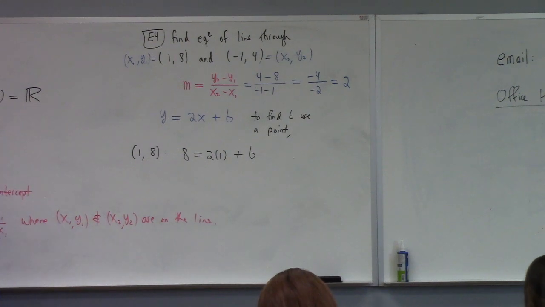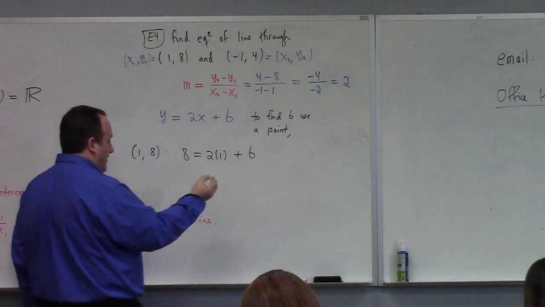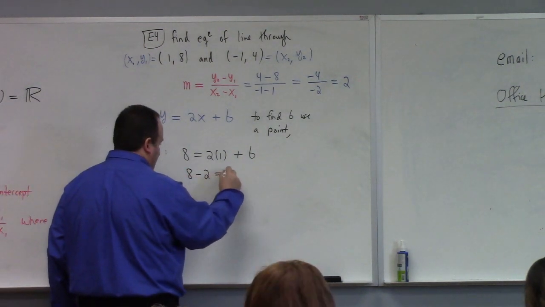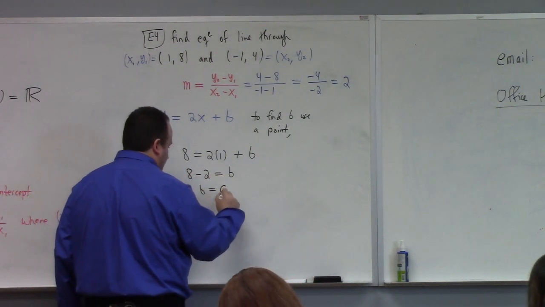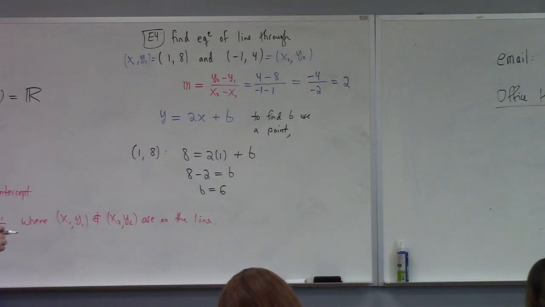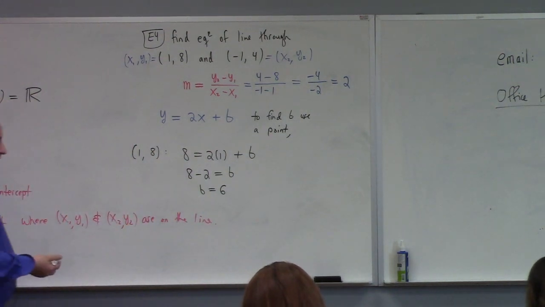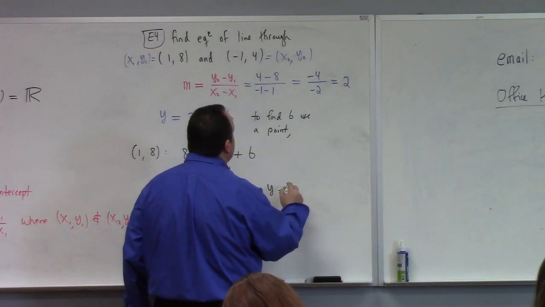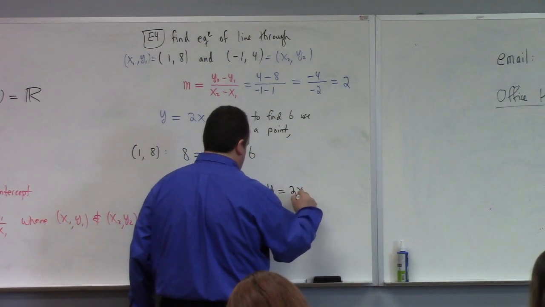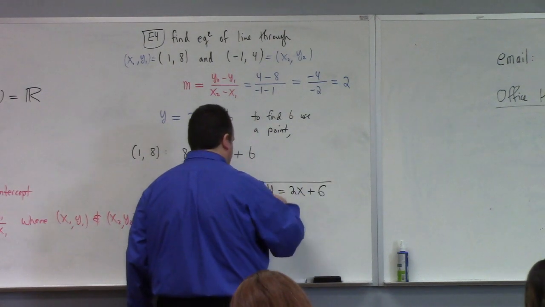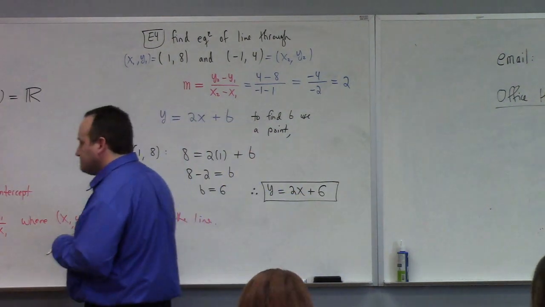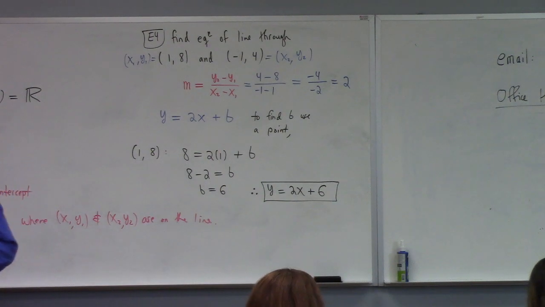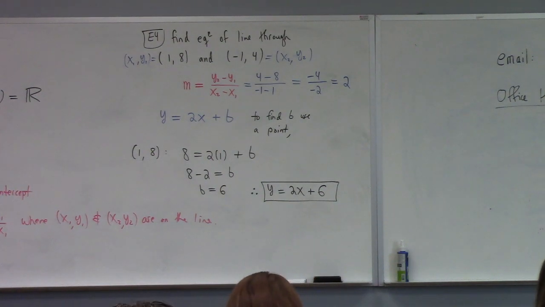So what is b then? I heard a 6. Okay, so you got 8 minus 2 is equal to b, which makes b equal to 6. All right, good job. So we figured out what the equation of the line is, right? Therefore, y is equal to 2x plus 6. So that's how we can find the equation of a line from 2 points.